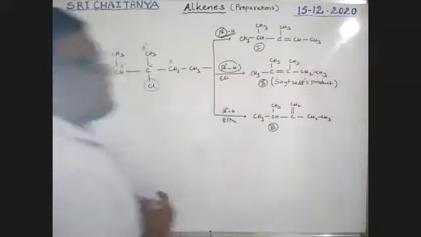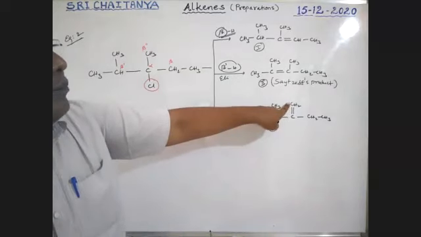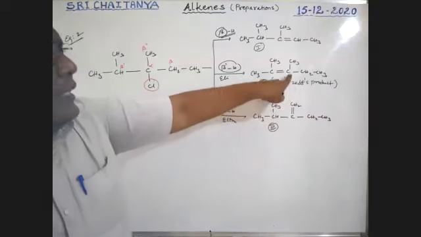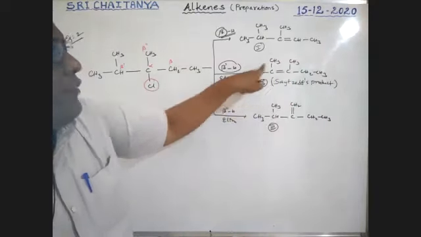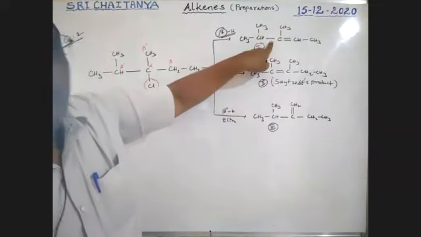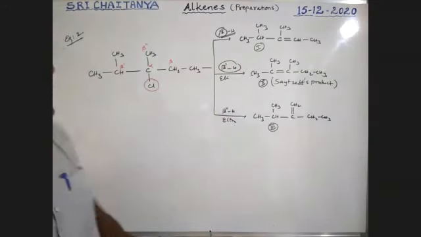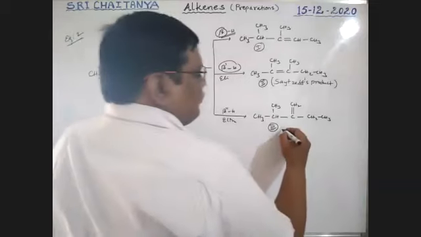Next, which one is the Hoffman product? Yes, Pavan, correct. Bashwant, correct. Yes, here it is less substituted. Here 1, 2, 3, 4 are substituted. Here only 1, 2, 3 are substituted. Here only 1, 2 are substituted. It is less substituted, boys. It is the Hoffman product.